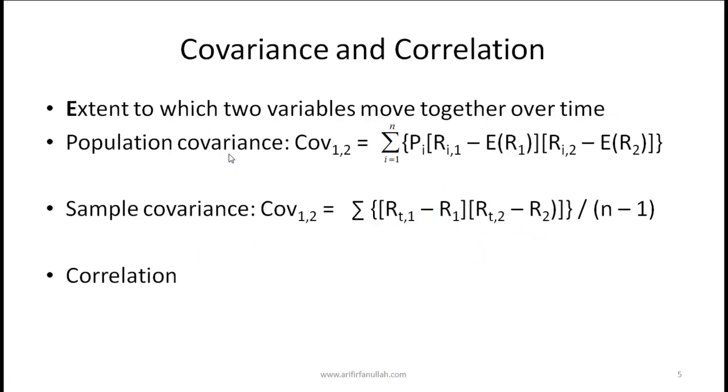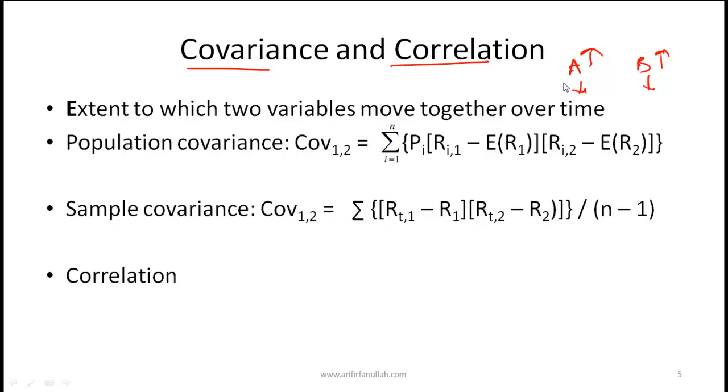Okay, another important concept is that of covariance and correlation. You've seen this in quant also. Covariance is the extent to which two variables move together over time. So if you have two stocks A and B, if in general they move up together and down together, then we say they have high positive covariance.